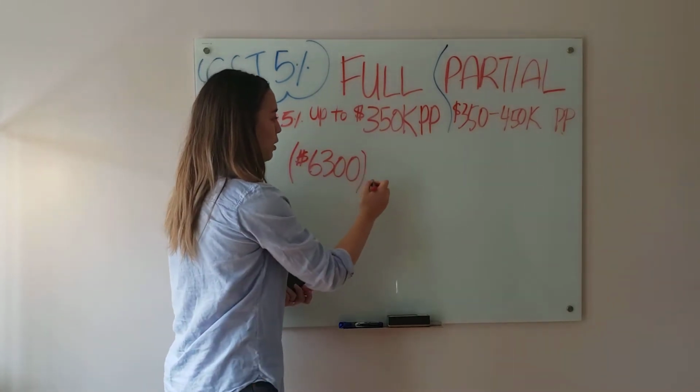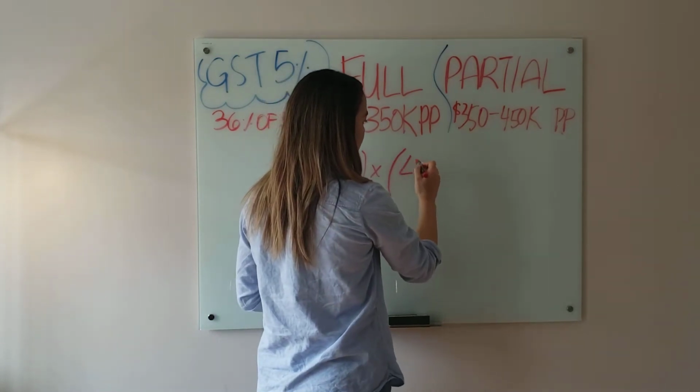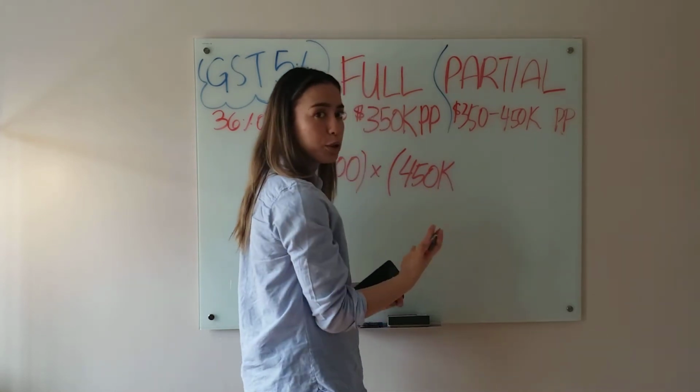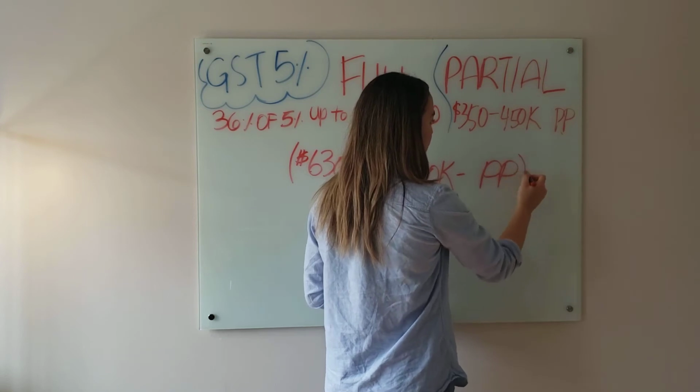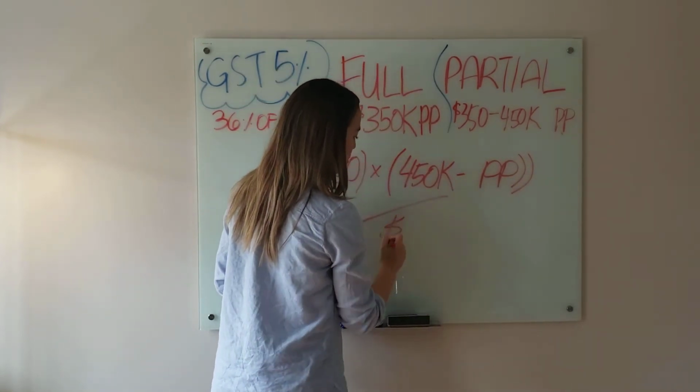You take that amount and you multiply it by the maximum partial rebate that's available in terms of the purchase price, and then whatever your actual purchase price is, and then you divide that all by $100,000.